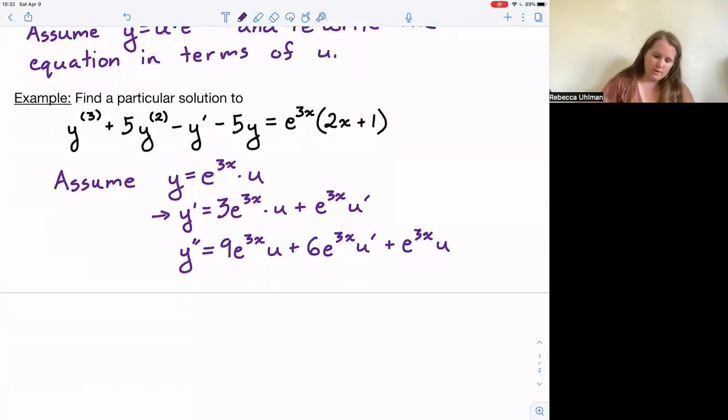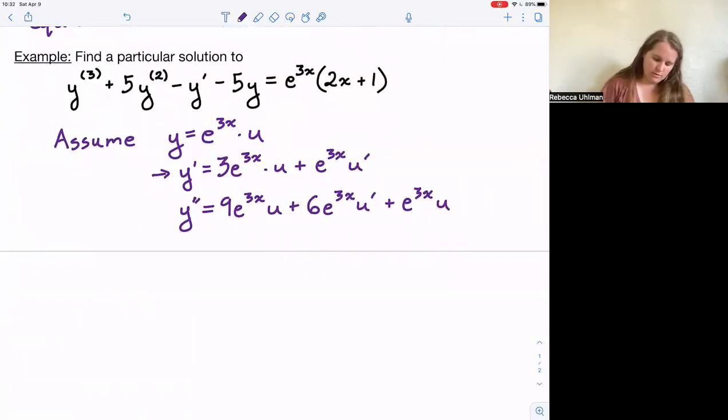So we would wind up with, oh, and the third derivative would be 27 e to the 3x times u. Then we would have 9 e to the 3x times u prime plus 18 e to the 3x times u prime.